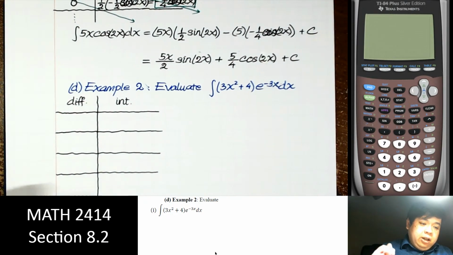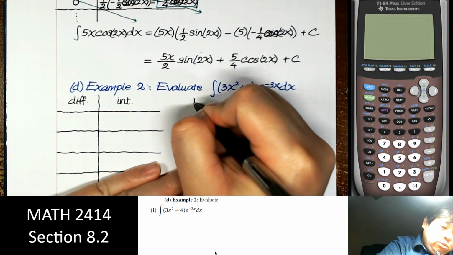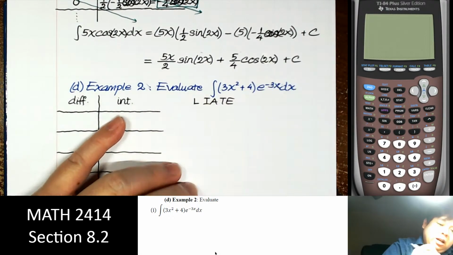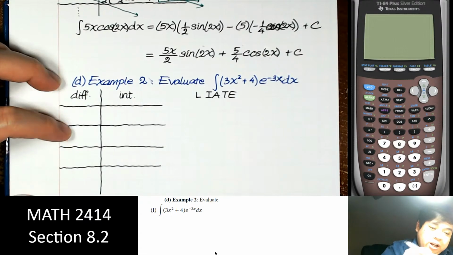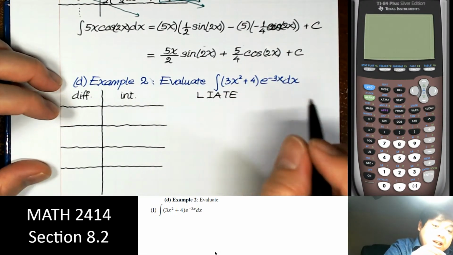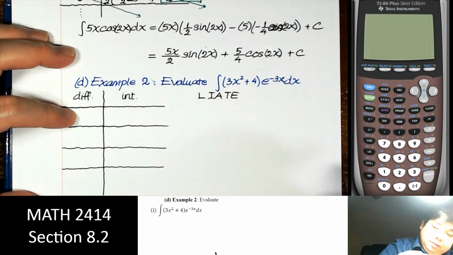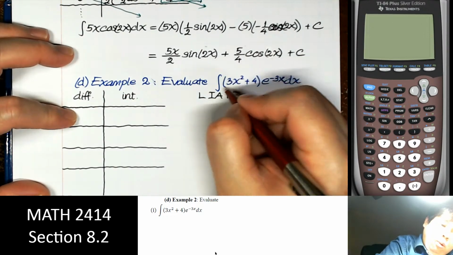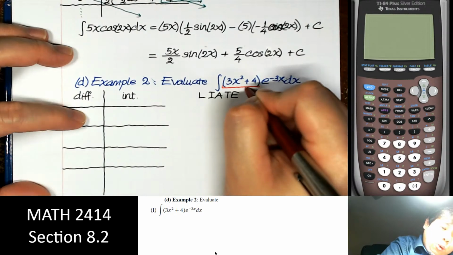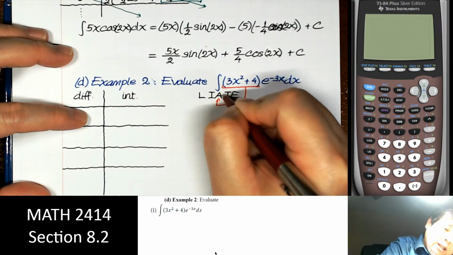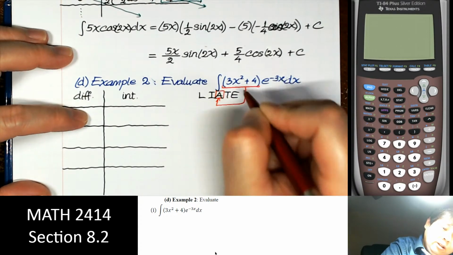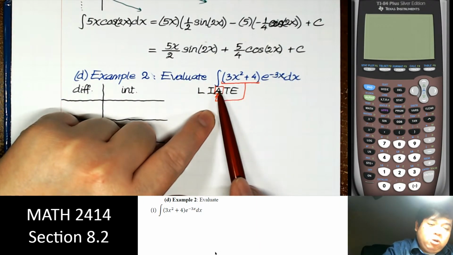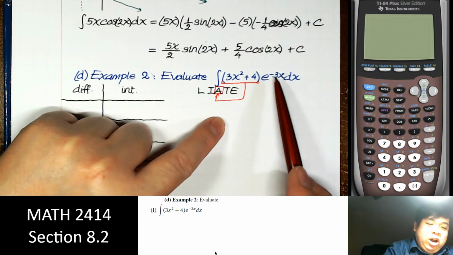Right. So in the table, what we just need to choose is the term to be differentiated, LIATE. In this case, we have a polynomial here, which is A, because there's no log, no inverse trig, and the exponential is last on the list.